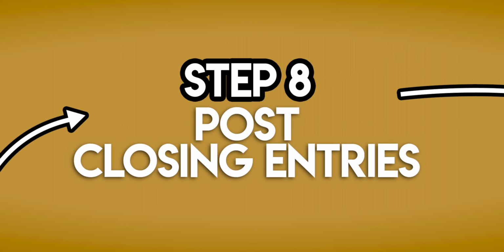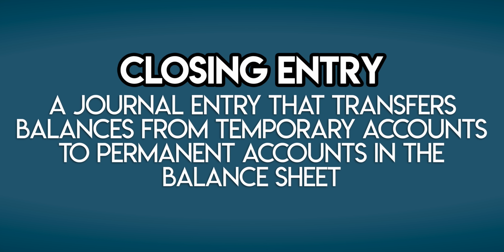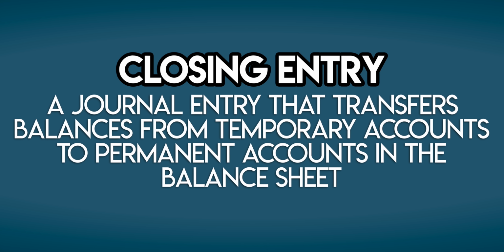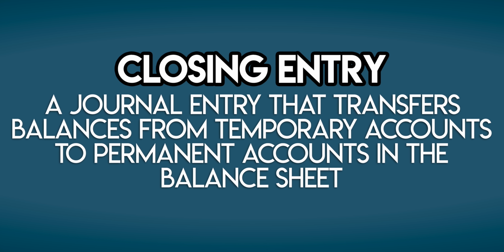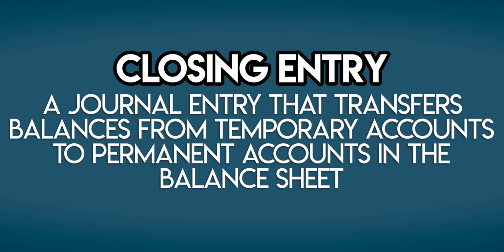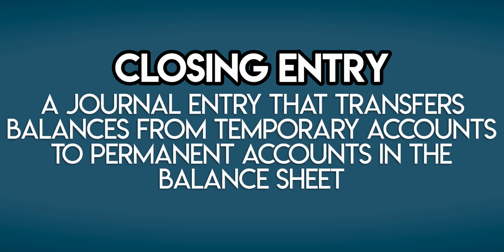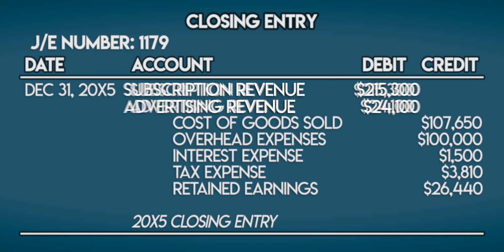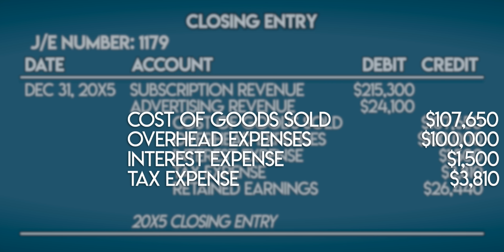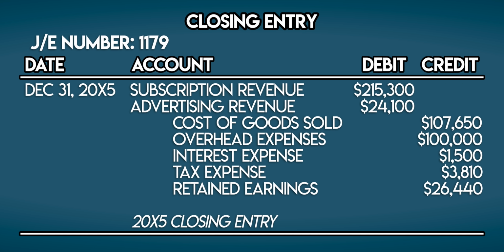Once you're done with your financial statements, you need to post some closing entries to prepare your books for next year. A closing entry is a journal entry that you post to clear out all of your temporary accounts like revenues, expenses, and dividends. For Rough Times, your journal would look something like this. You'd debit your revenue accounts and you'd credit your expense accounts to clear them down to zero.